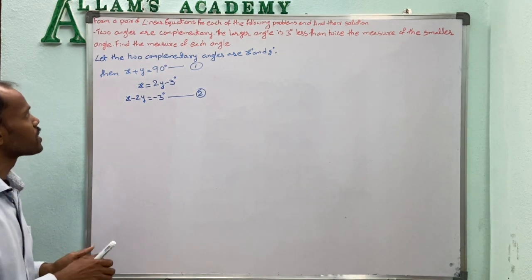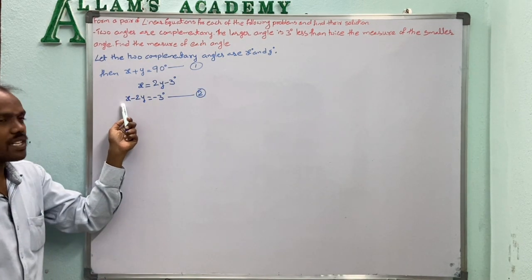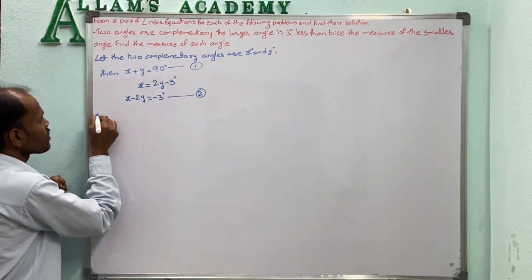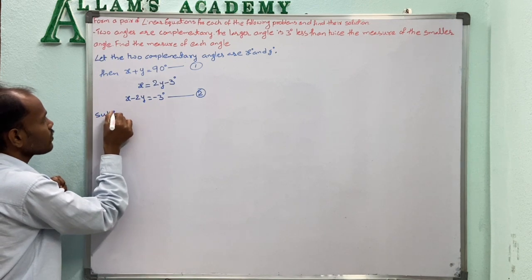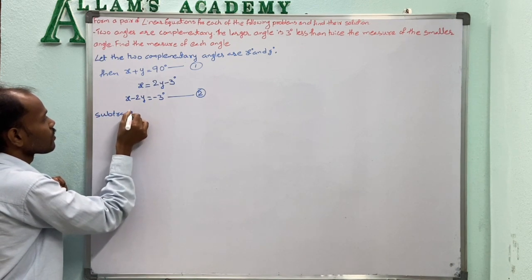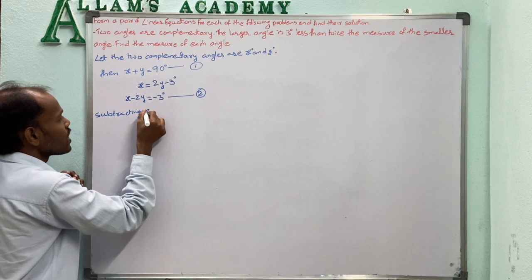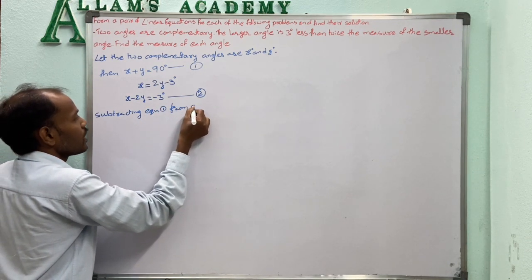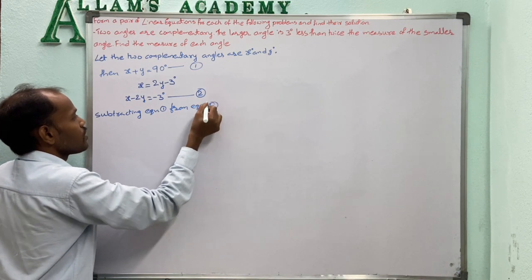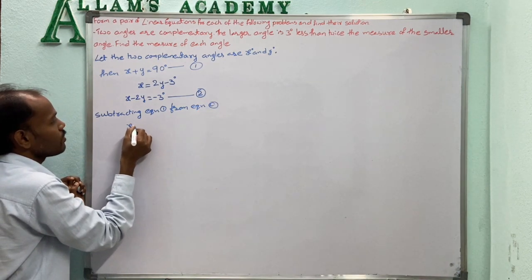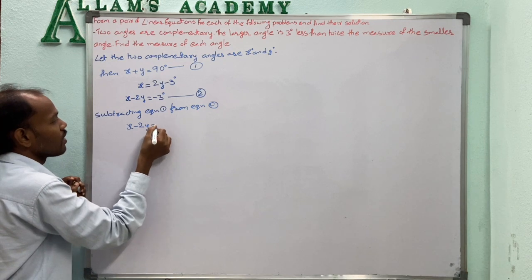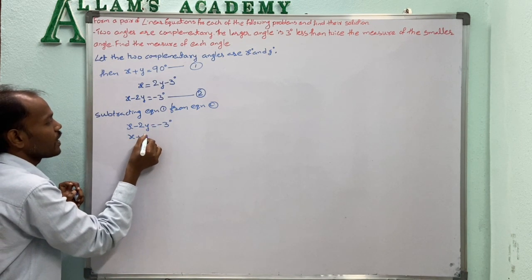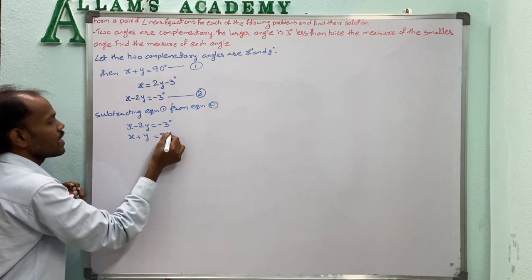Now if we observe, both x coefficients are 1, the same, so we subtract directly. Subtracting equation 1 from equation 2: x minus 2y equals minus 3 degrees and x plus y equals 90 degrees.